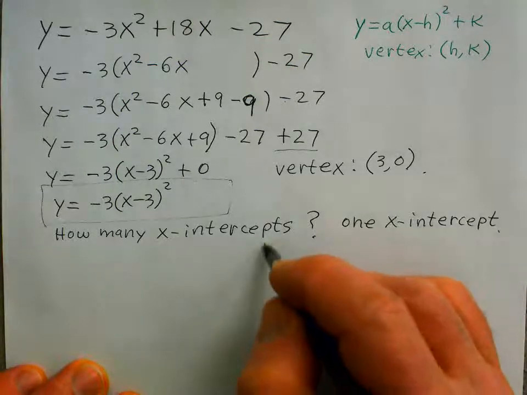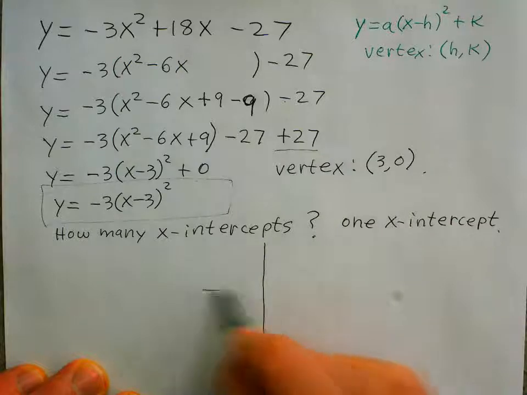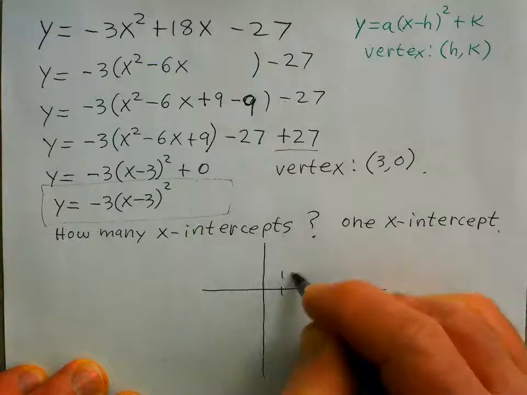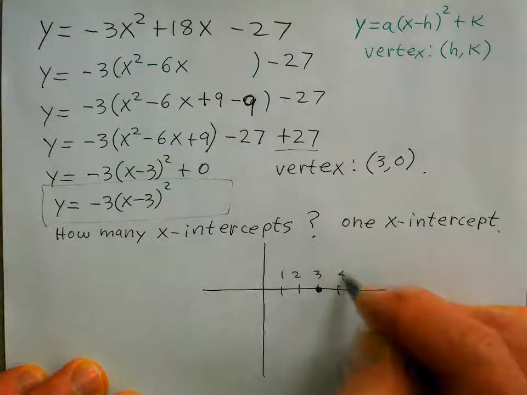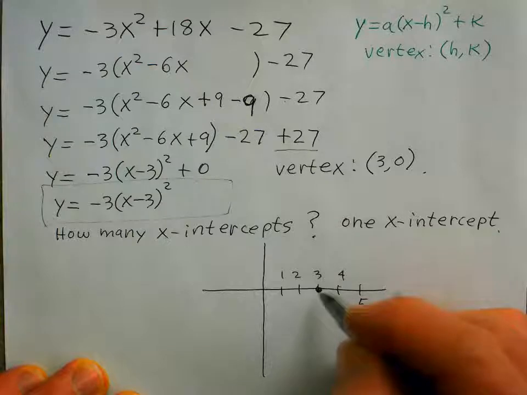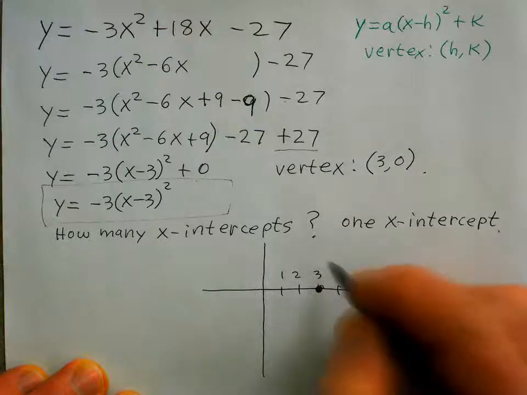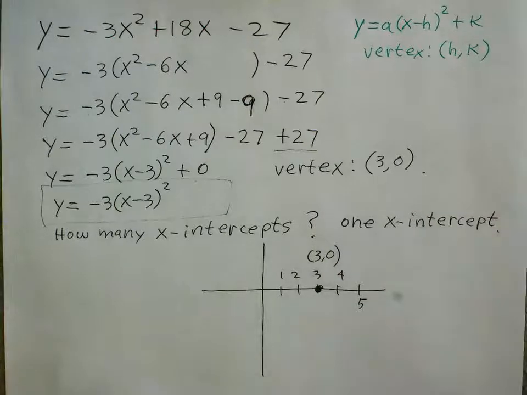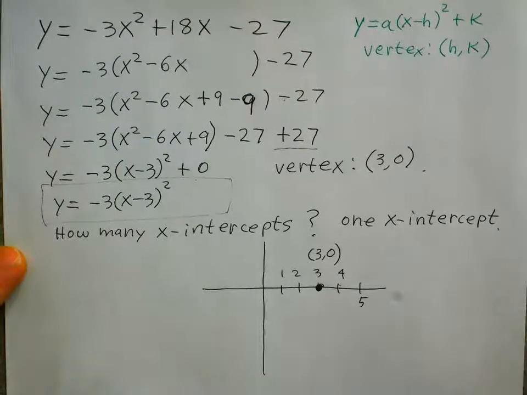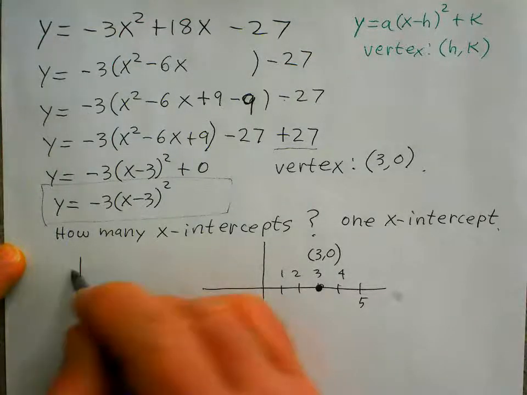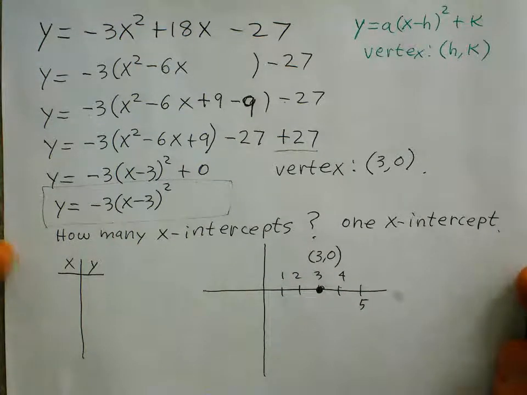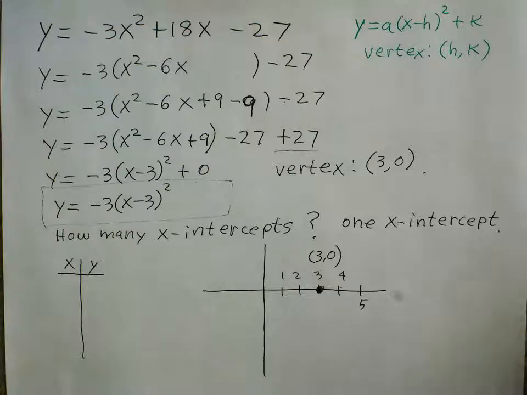Okay, so we can at least start graphing this. So there's the vertex. It's the ordered pair (3, 0). But we should find a couple of other points at least. So how about if we find 5 points?